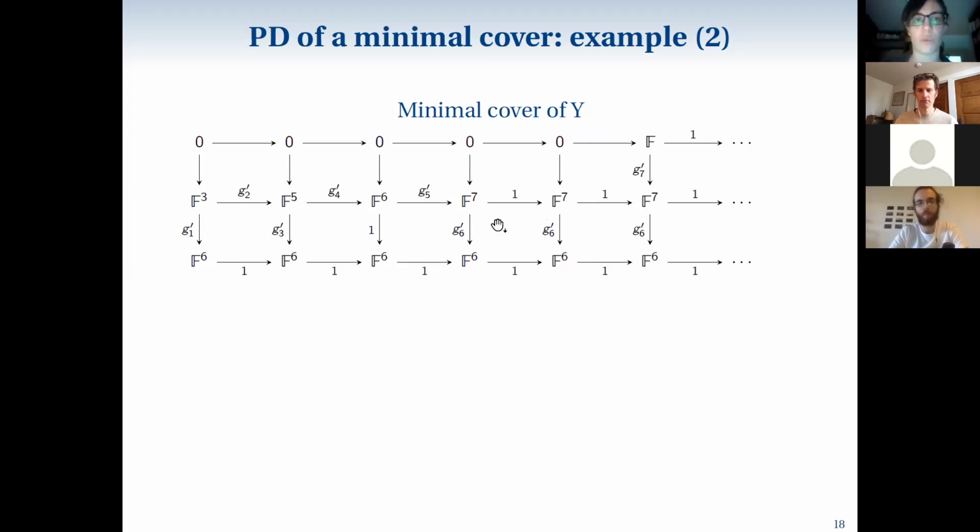So it's one giant thing, and this is the one that I decompose. Here I didn't write the map, but there is hope for this one to be monomorphic, since this space is dimension 3 and this is dimension 5. I can at least hope that I have a monomorphism.